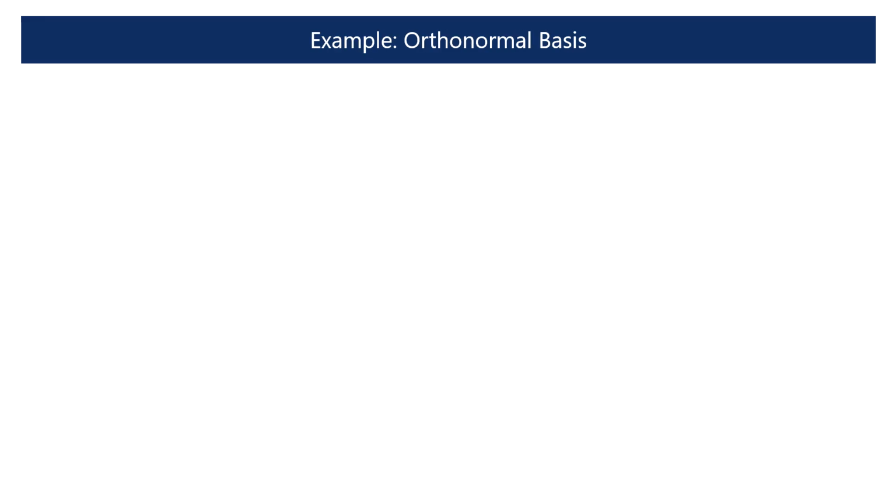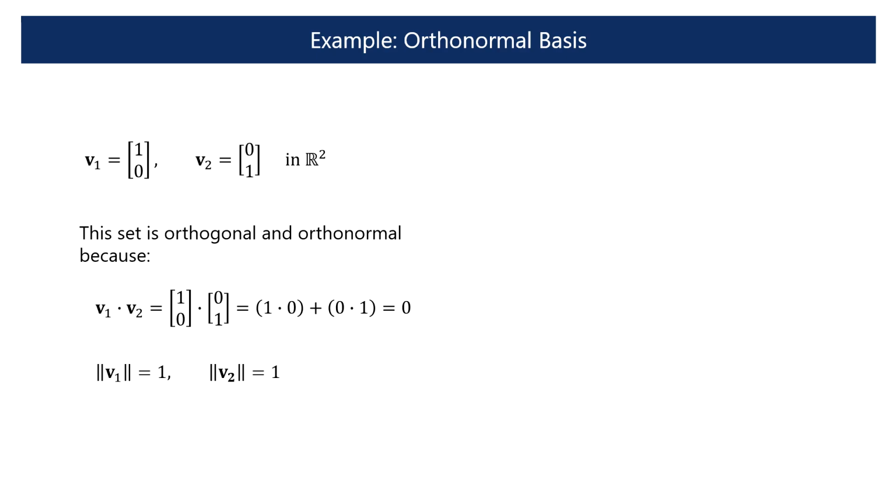An orthonormal basis is an orthogonal basis where each vector has been normalized to have a length of 1. Consider two vectors, v1 and v2, in a two-dimensional space.